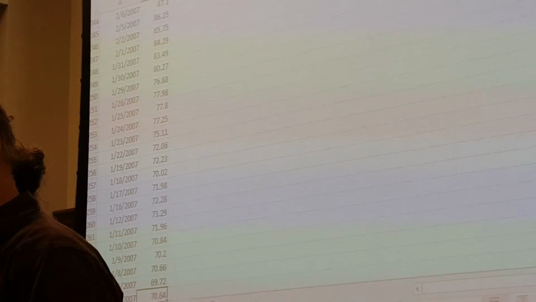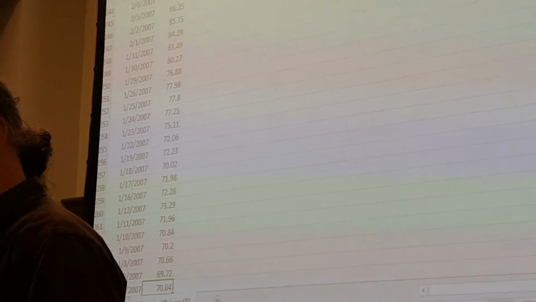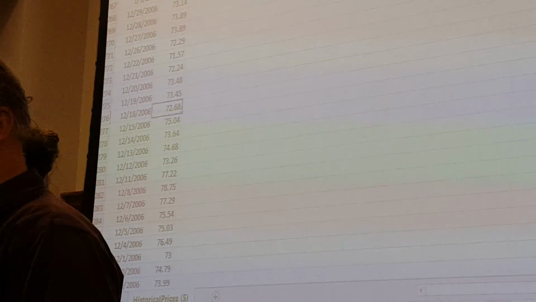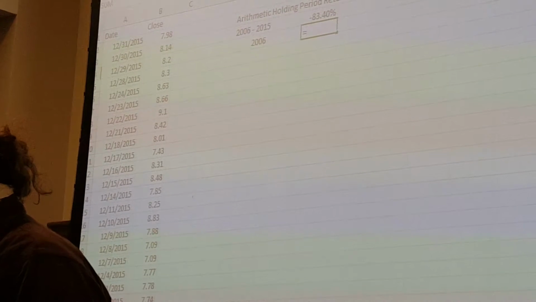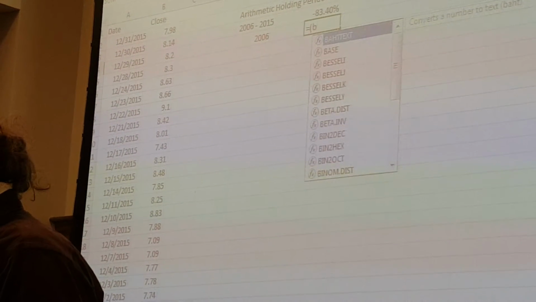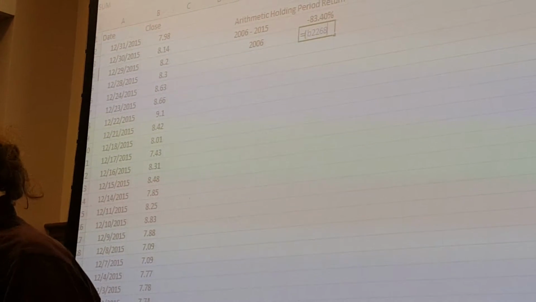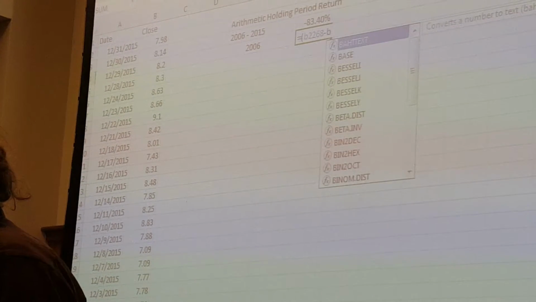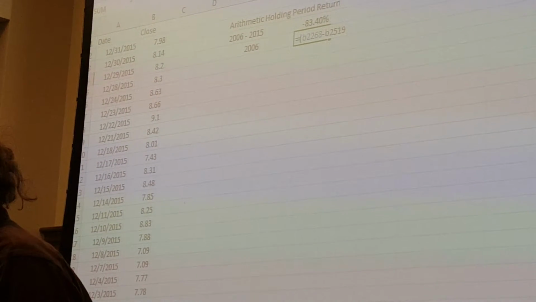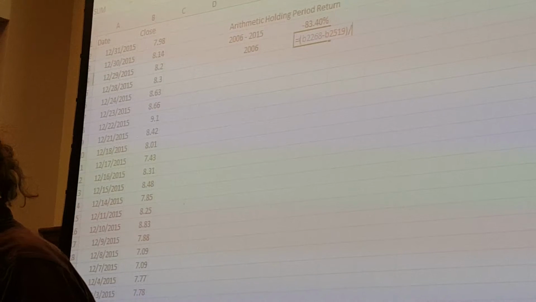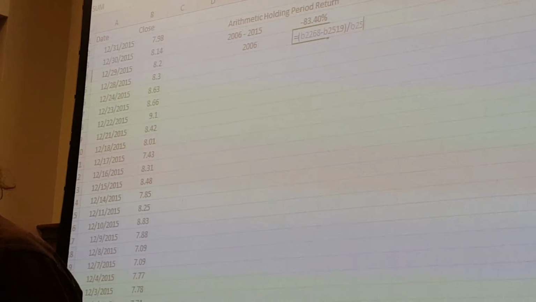Now I need to find the year-end price for 2006. Okay, here it is right here, B2268. So this is going to be equal to B2268 minus B2519 divided by B2519.